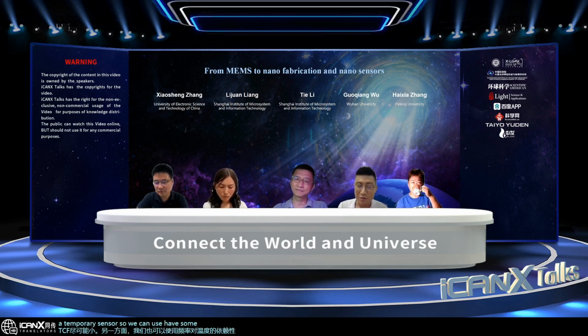So we can have some resonant temperature sensors, but I don't think it's a good topic for this kind of temperature sensor, because as we all know, if you want a good temperature resolution, you need a high Q. If you need a high Q, you need to vacuum encapsulate the sensor. If you have vacuum encapsulation, you have very poor thermal coupling from the environment to the sensor, right?